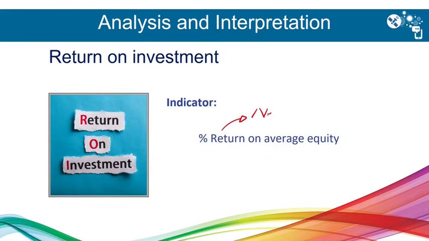Return is the net profit, and average equity is the owner's equity at the beginning plus the owner's equity at the end, divided by 2 or multiplied by a half, to give you the average equity. Because is the investment at the beginning of the year or at the end of the year? That's why we calculate the average.